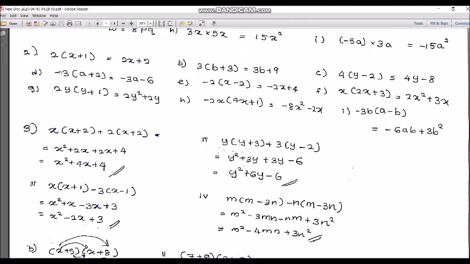Here we have to multiply minus 3 with the bracket a plus 2. So minus 3 into a, and minus 3 into 2, and we get this answer. Then the same, minus 2 into x is minus 2x, and there both of the values are minus, so minus into minus is plus.